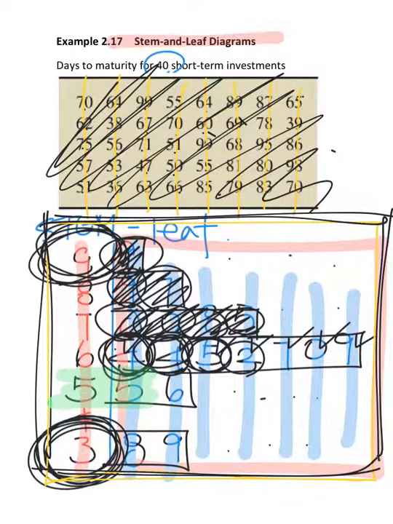So now we need the key. Always, to complete the stem and leaf, you should suggest the key. The key can be an example. 5 bar 5.